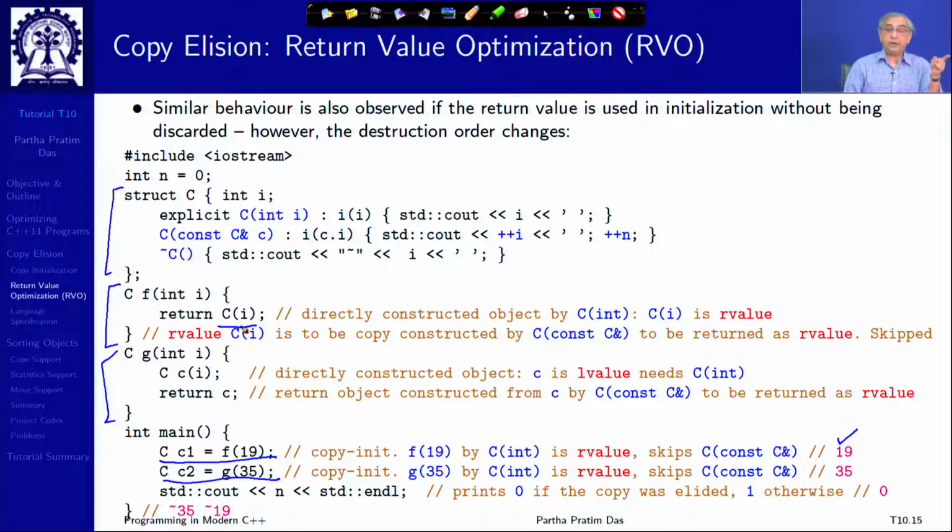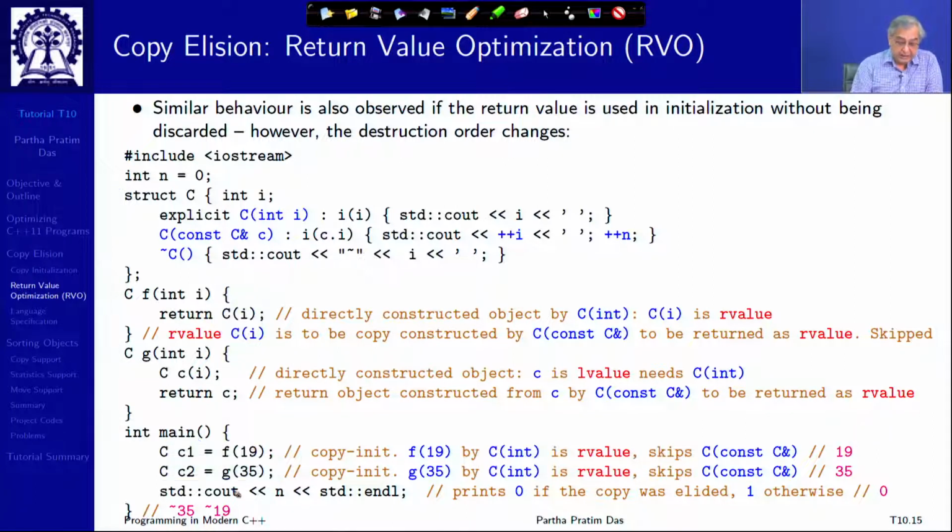Why is the copy constructor not invoked? Because it does that copy elision. That is, it constructs this Ci, which is local to function f, in the address of C1 itself, so that it does not unnecessarily need to do the copy and then delete the temporary object. It saves on both of that.